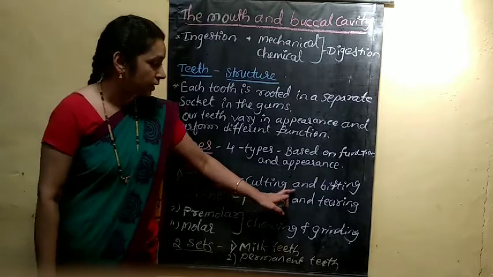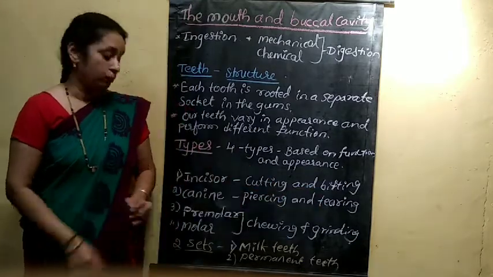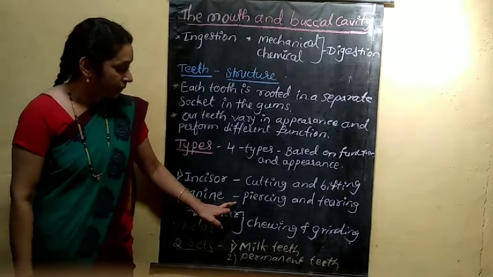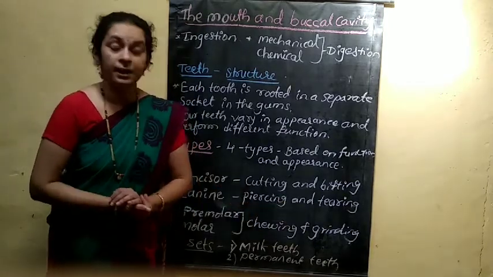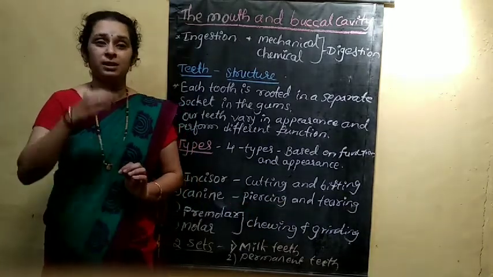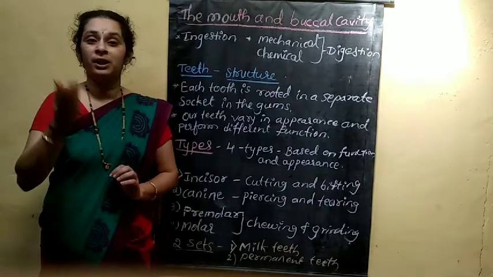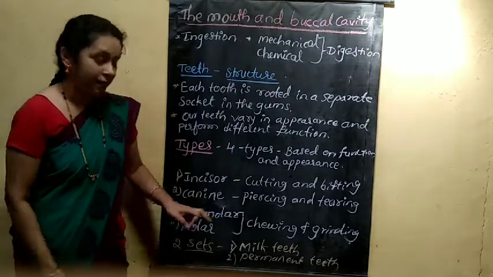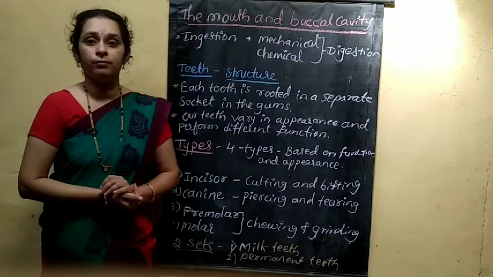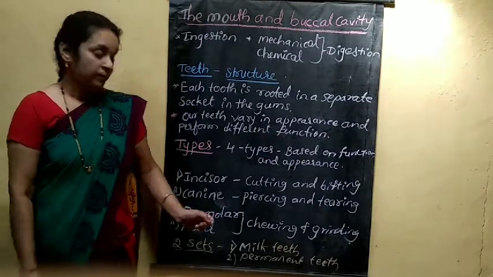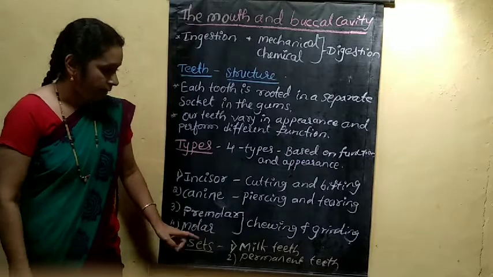It helps in cutting and biting the food. And canines help in piercing and tearing the food. Tearing is like this. While eating sugar cane and all, the canine, kore hallu, will be very helpful.